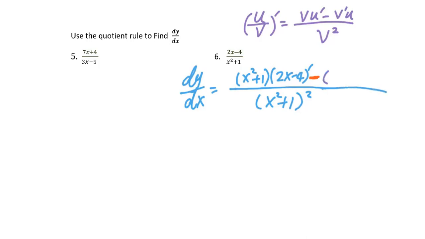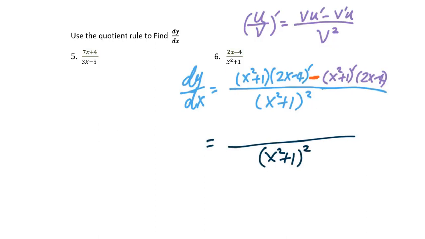You will get x squared plus 1, derivative 2x minus 4. The denominator will be x squared plus 1 squared. So x squared plus 1 times 2, because the derivative of 2x is 2 and negative 4 will be 0, minus 2x times 2x minus 4.